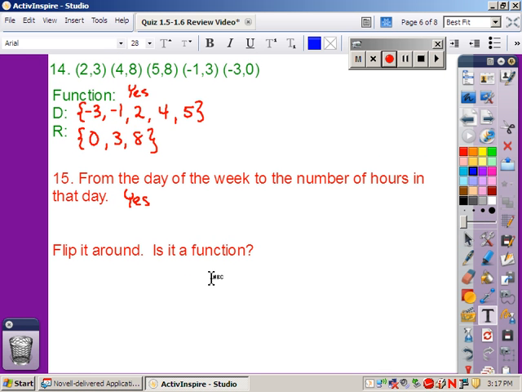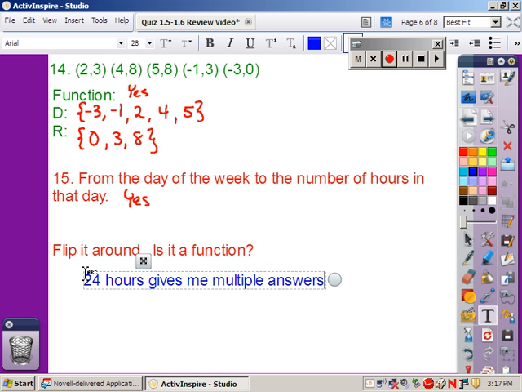And that answer is, of course, no. 24 hours gives me multiple answers. 24 could give me Monday, Tuesday, Wednesday, Thursday, Friday, Saturday, or Sunday. So in this instance, if you take the number of hours in a day, it doesn't automatically lead you to only one day, it leads you to all of them. That is not a function.